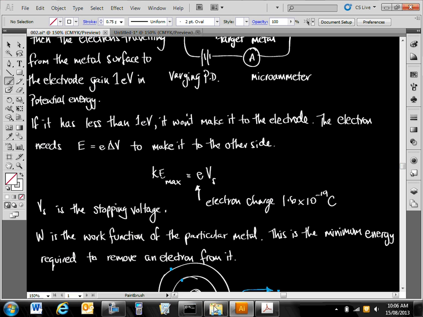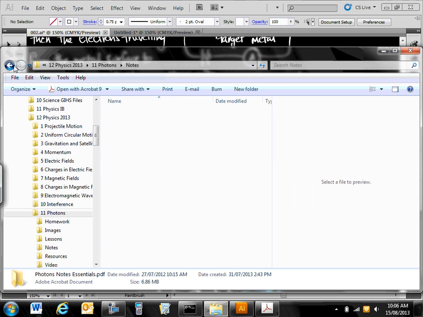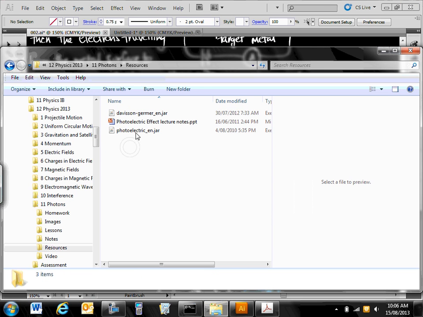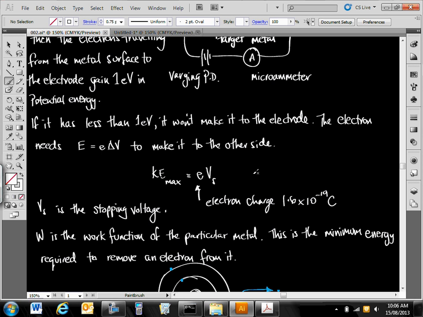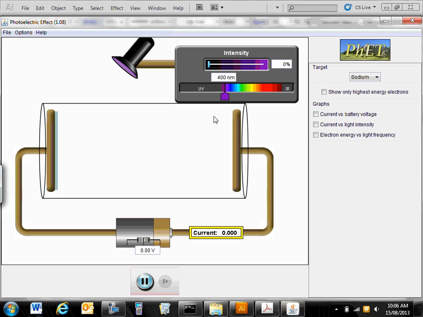Because if you remember from the applet, if I bring up the applet, did I open that? Oh, yeah, I did. If I bring up the applet and we give it some intensity, we're within our threshold frequency range here.